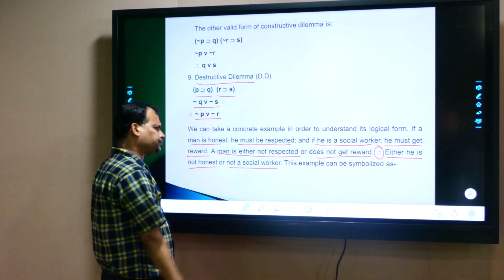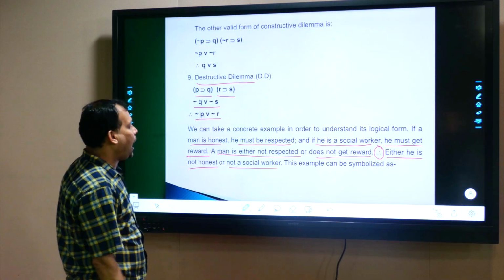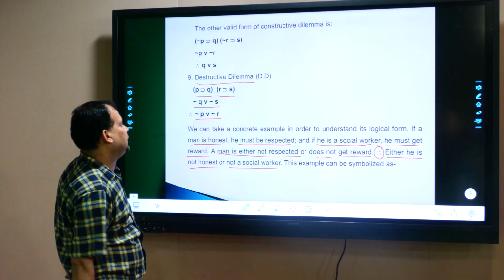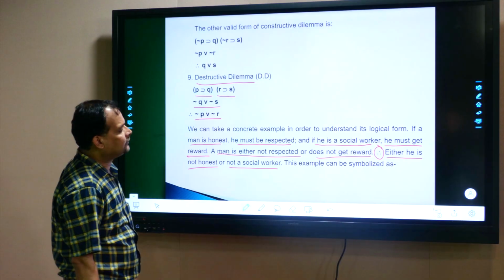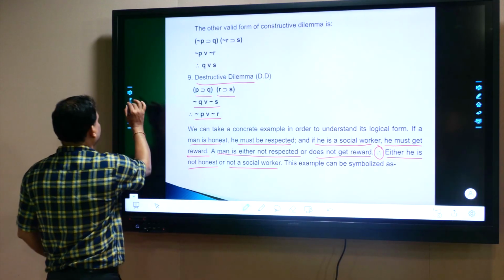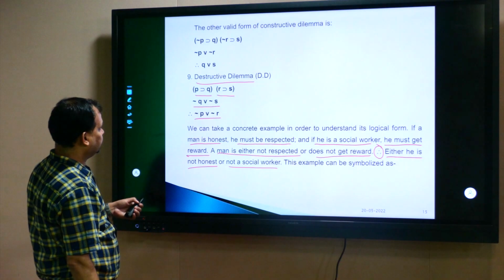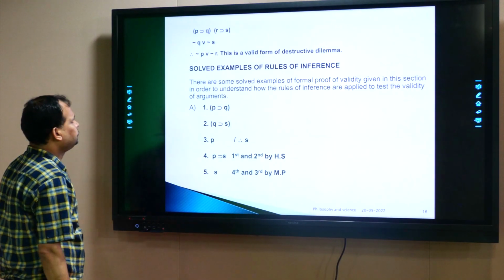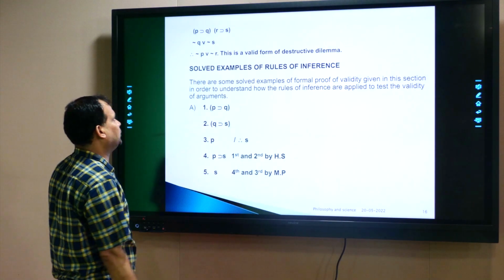So now the next step is, how can we symbolize this type of concrete example? Now dear learners, you see how can we symbolize. So in this way we can symbolize.